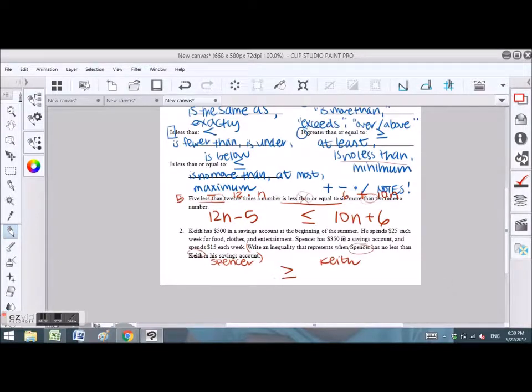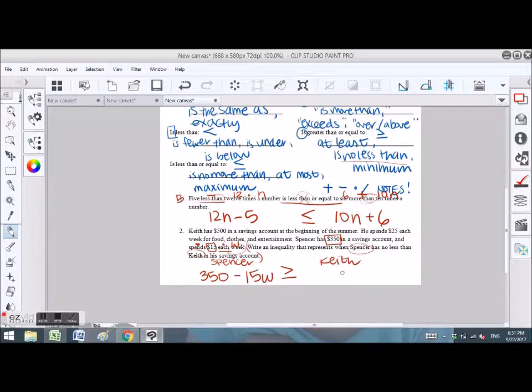So Spencer greater than or equal to Keith. To help yourself, make sure you're including the right information on each side. I'm going to write Spencer over here, and I'm going to write Keith over here. I would recommend you do the same with any word problem. Identify which side is on each side of the inequality. So Spencer, what information do we have?